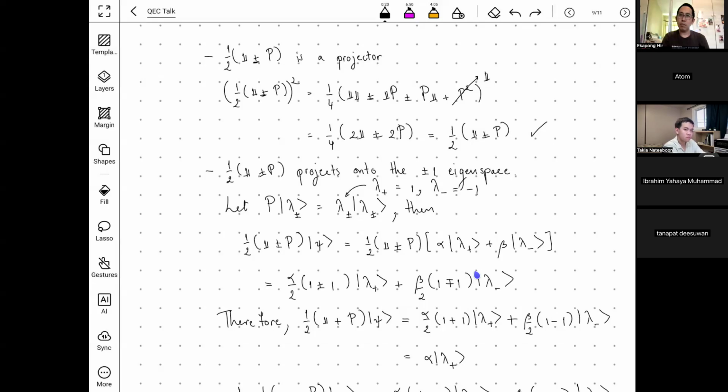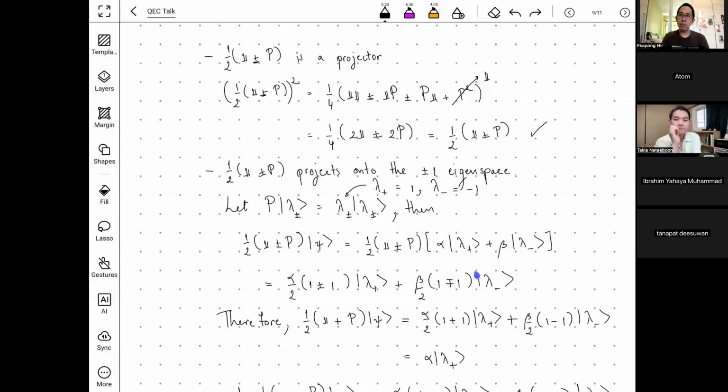But let's say that in principle, P can be anything as long as it is idempotent. So this proof just relies on the fact that P has to be idempotent, and it's not very clear yet whether that is equivalent to being a Pauli operator.